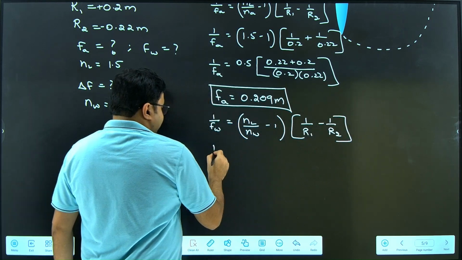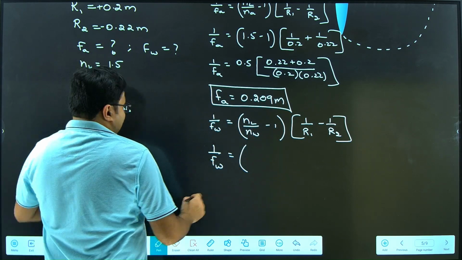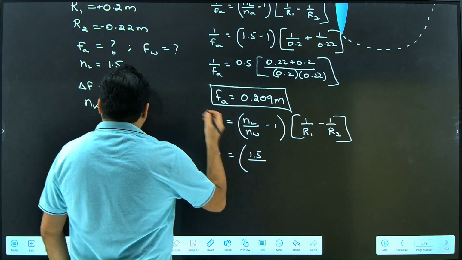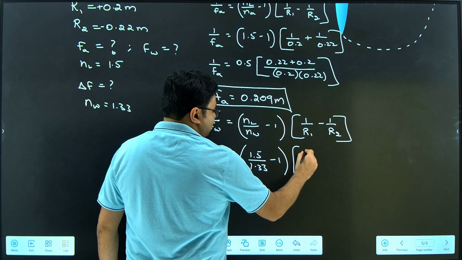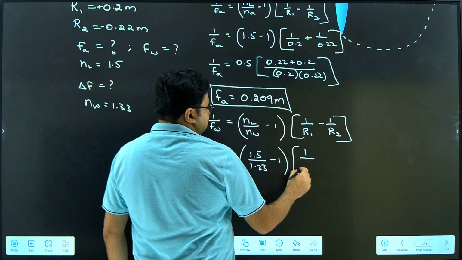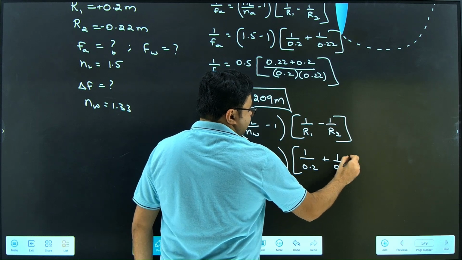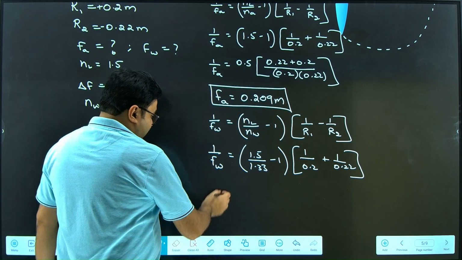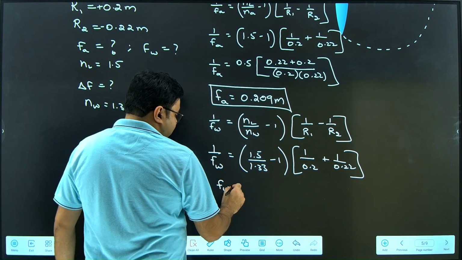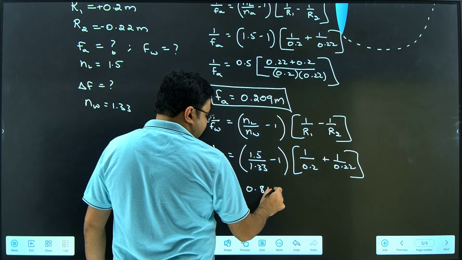When that is the case, we have 1 by Fw equal to NL is 1.5 divided by NW, that's 1.33, minus 1 multiplied by 1 by R1. R1 is just 0.2, minus of minus becomes 0.22. Rest everything is the same as in the previous case, just that the surrounding medium has changed. When you work out Fw, dear friends, you will find that Fw is 0.819.